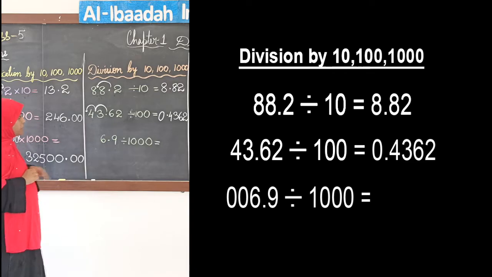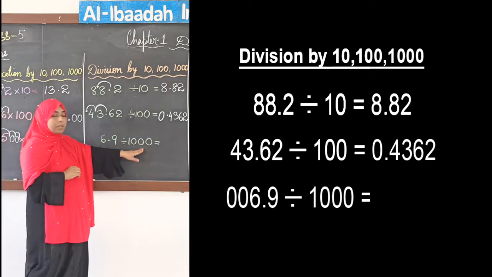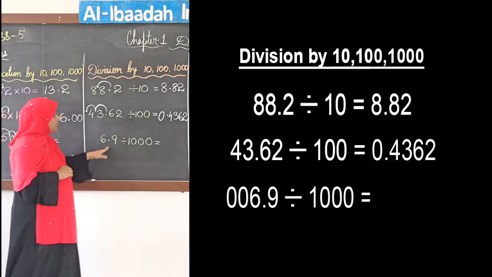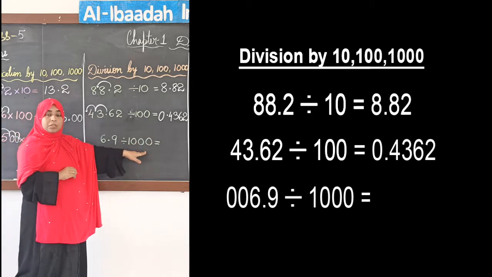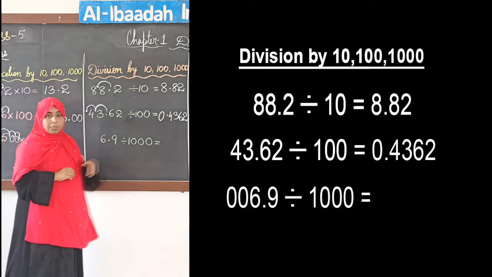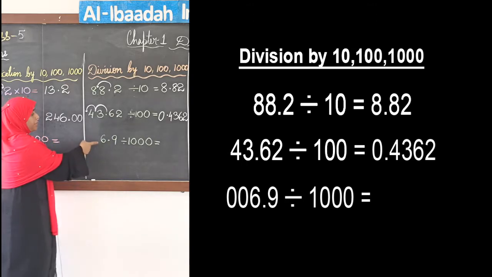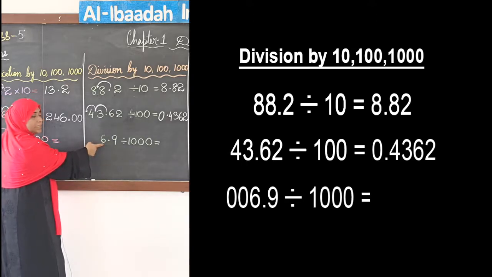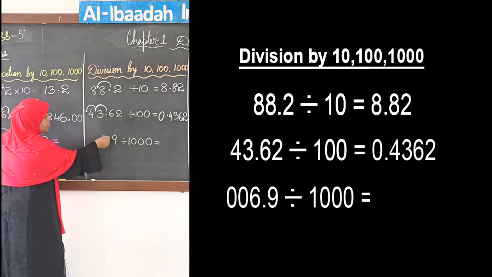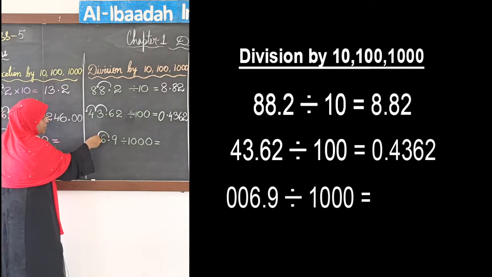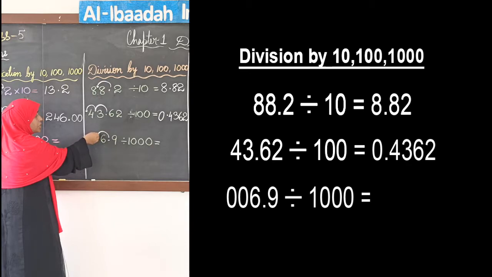Now, we will see what happens when we have to divide a number by 1000. 6.9 divided by 1000. Now, 3 zeros, so the point will move 3 places towards the left. But we can see we have just one digit in the whole number part. So, one place it has shifted over here. I need to shift 2 more places towards the left.